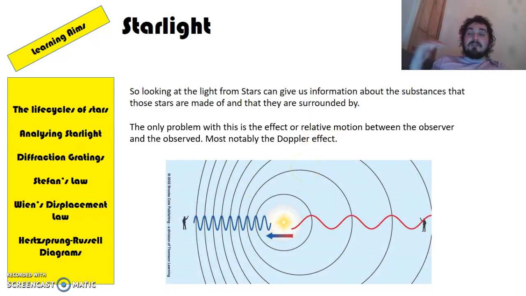So I'm sure you're aware of the Doppler effect. Basically, if you're observing something which is emitting light or sound and it's coming towards you, it's emitting its next wave at a position closer to you than the last time it was emitting a wavefront.